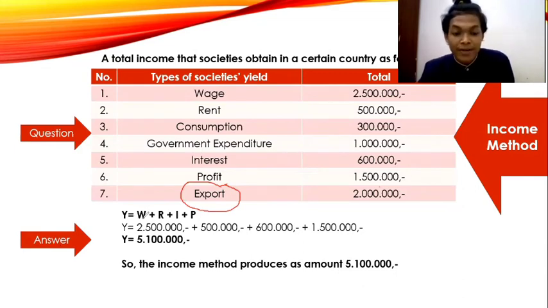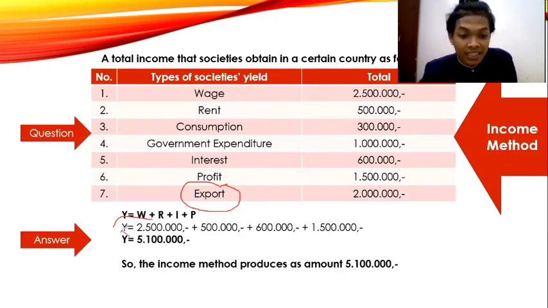So we can calculate: for the wage we have 2,500,000 plus R we have 500,000, I we have 600,000, and P we have 1,500,000.